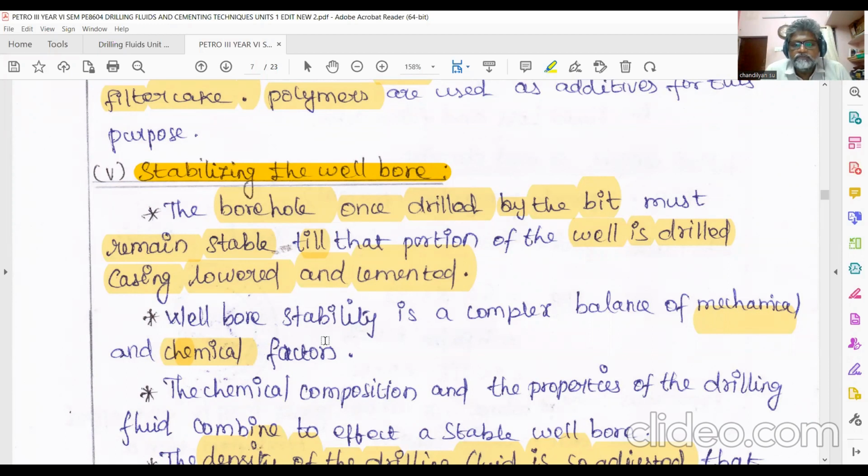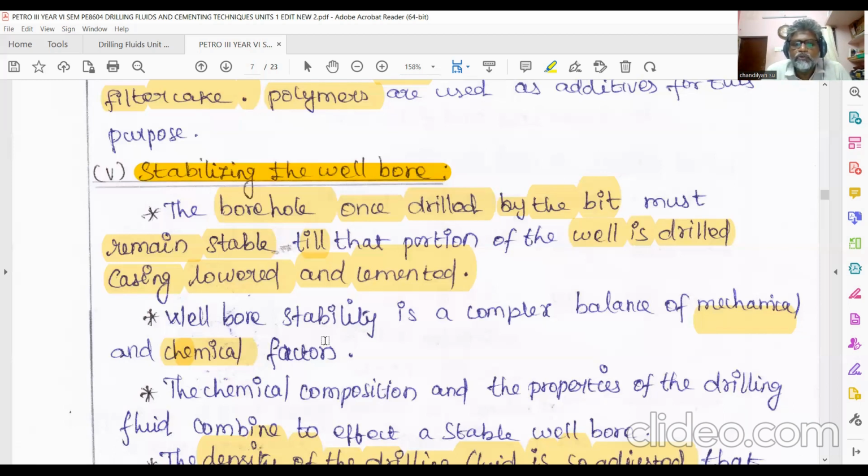Drilling happens, and the hole must be kept stable till you fix casing and cementing. Until then, the safety is not guaranteed. You drill a hole, you take away the cuttings, and then we put on casing and cementing. Before putting casing and cementing, you will have to stabilize the well bore.